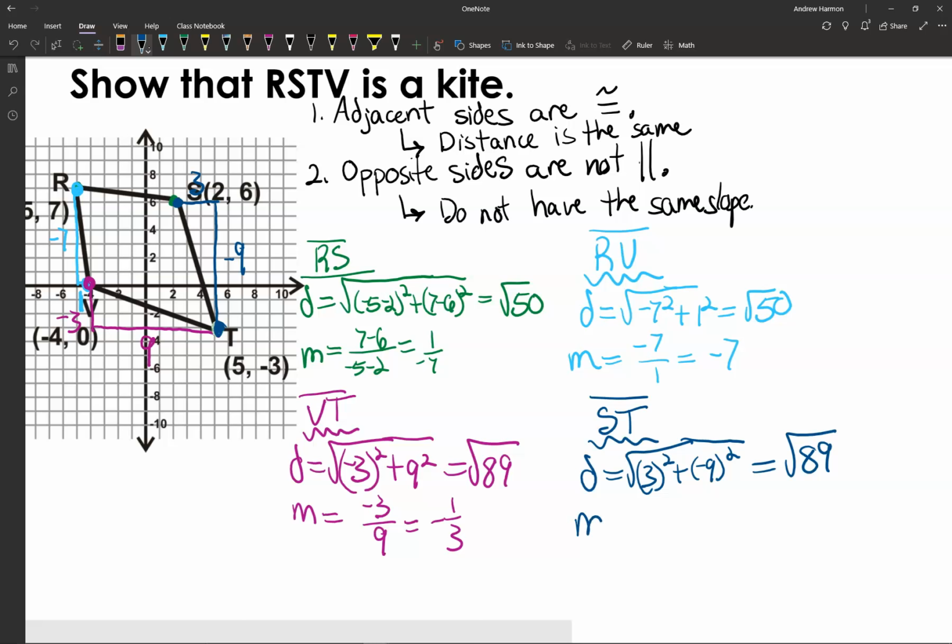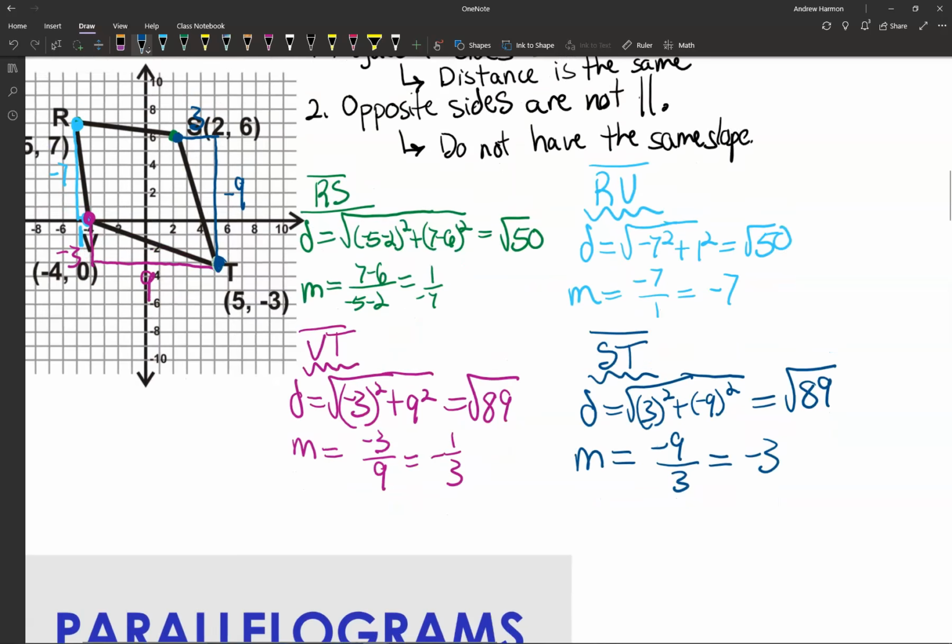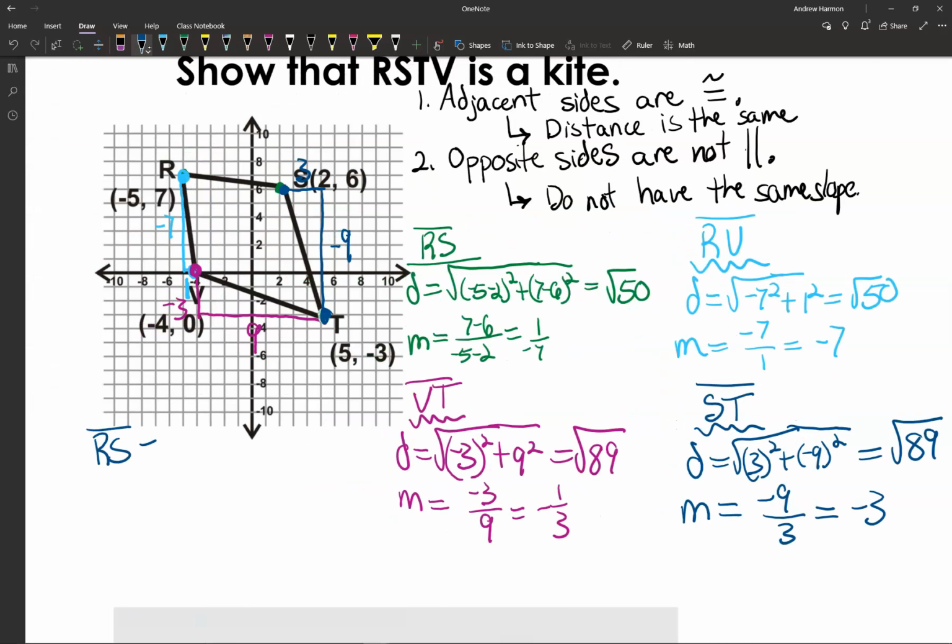And then our slope is going to be rise, which is negative 9, over run, positive 3, which is equal to negative 3.